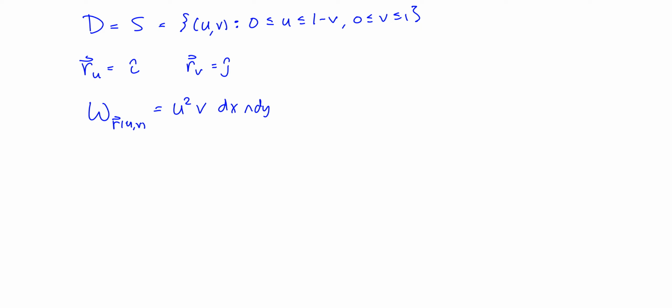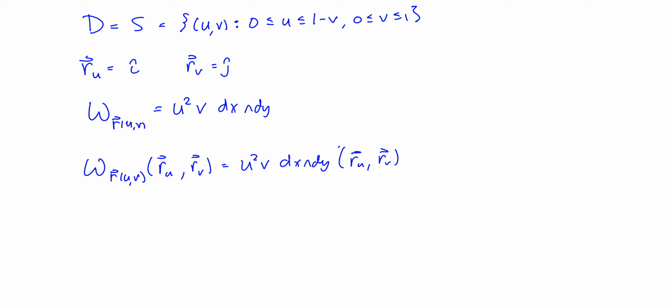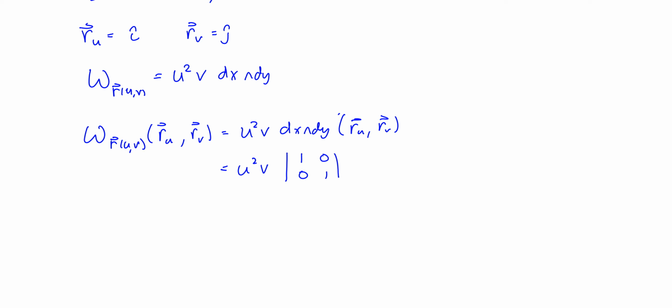And now I want to evaluate this at R of u, R of v, and so this is u squared v, and then I want dx wedge dy of R of u, R of v. So this just picks out, well, the dx takes the i component of each vector, so 0 and 1, dy takes the y component of each vector, so 0, 1, and then take the determinant of that, so this is just u squared v.